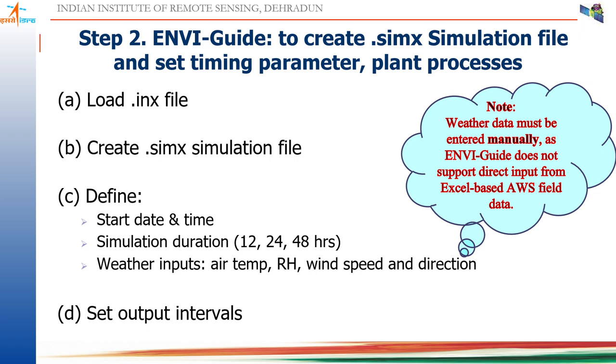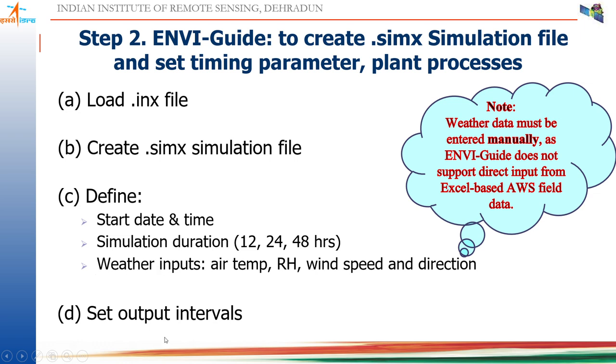In ENVI Guide, you have to create the simulation file with the file extension .SIMX. Load the simulation INX file, create a new simulation file, and define date, time, and duration, how long the simulation will run. For a trial or testing, we should run for 1 hour, and then on the basis of your requirement you can increase the time to 12 hours, 14 hours, whatever.